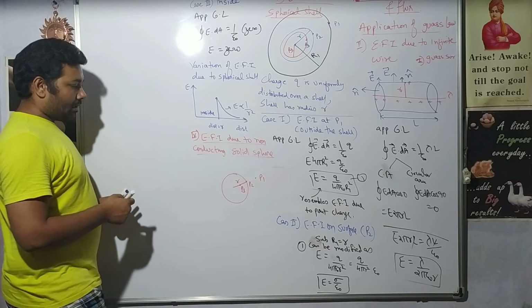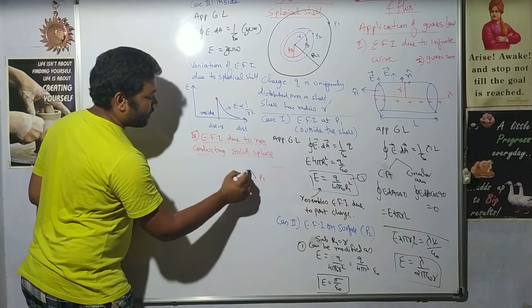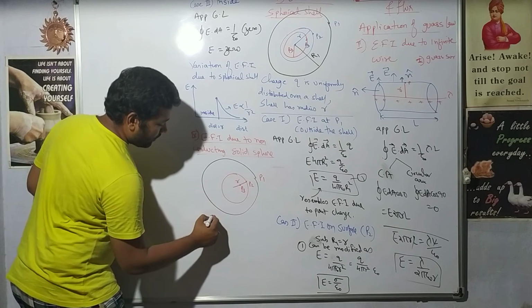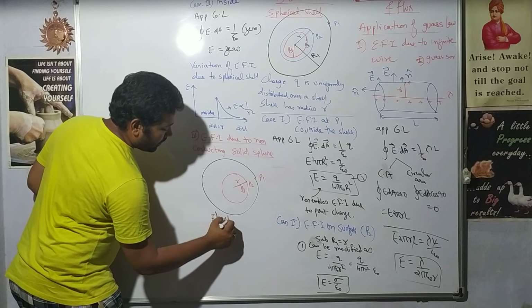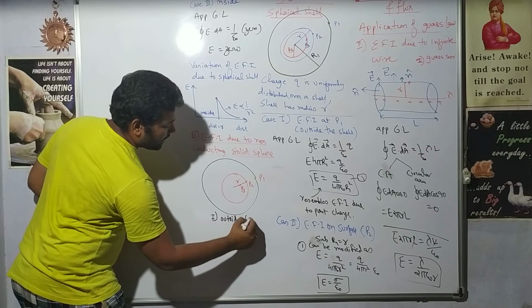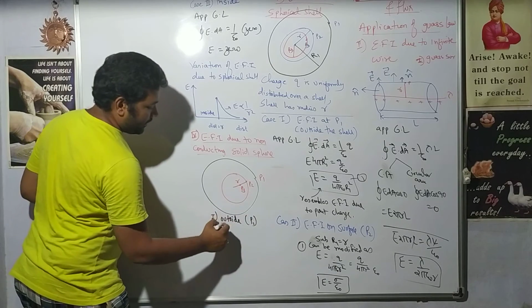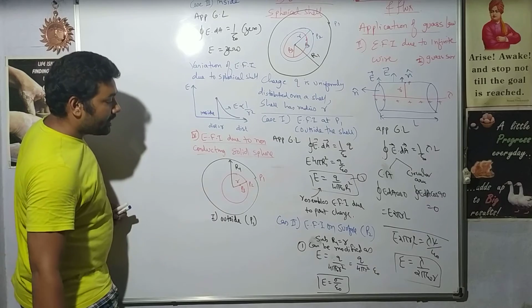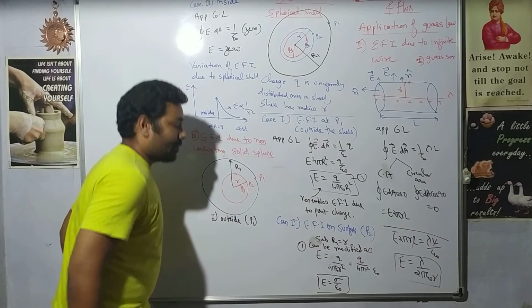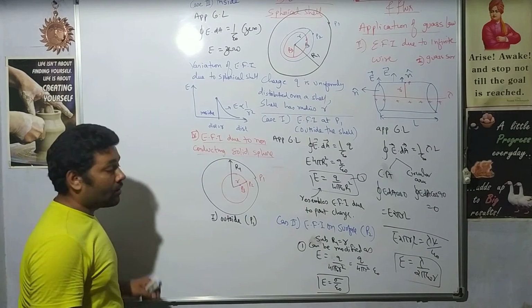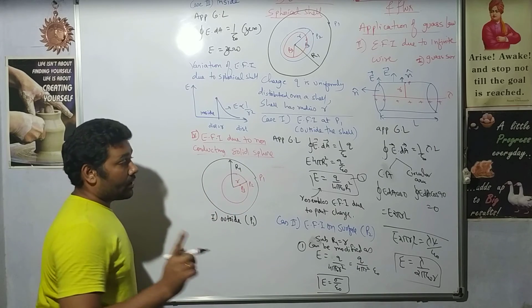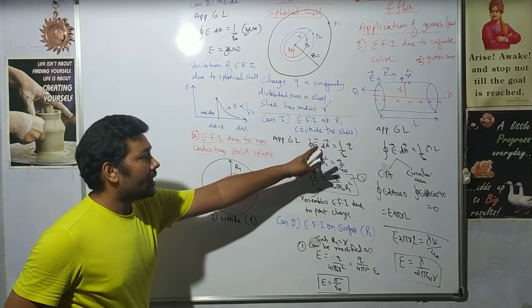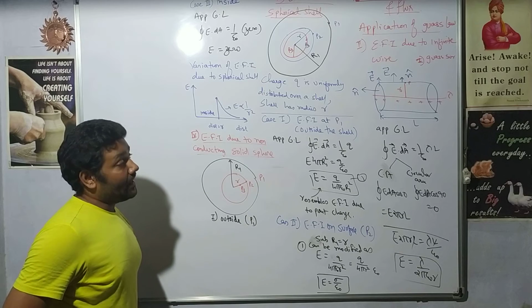So in the first case, I want to calculate the electric field intensity outside. Case number 1, outside, or you can say at a point P1. This point P1 has a radius R1. So what will be the electric field intensity? As per step 1, we have drawn a spherical Gaussian surface. If the Gaussian surface is spherical, you don't have to worry about the angle between E and dA.